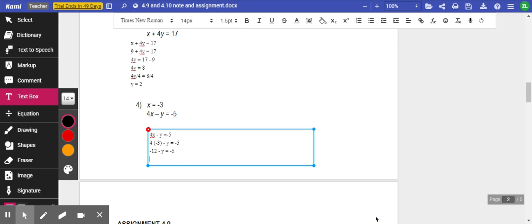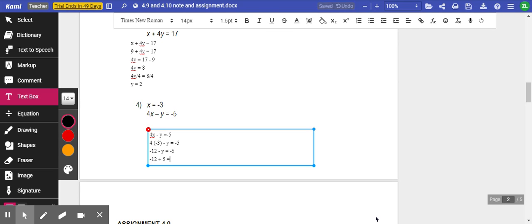At this point we want numbers on one side and letters on the other. To make y positive, a step we could do here, since it's negative, is move that to the other side. So we could actually just leave this negative 12, and we could bring over that negative 5 to make it positive 5.